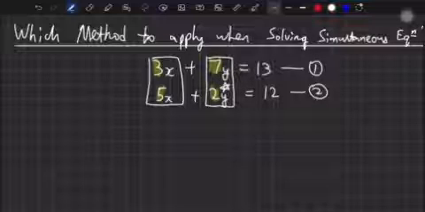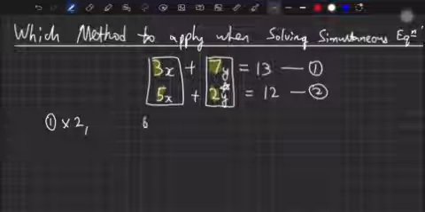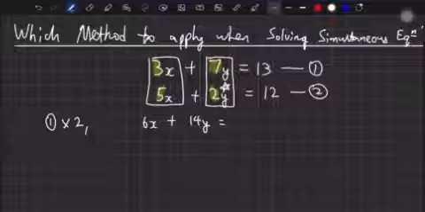So I have to change 7y in equation 1 to become 14y. So equation 1 times 2: 3x times 2 is 6x, 7y times 2 is 14y, then 13 times 2 is 26. So this will be my equation 3.